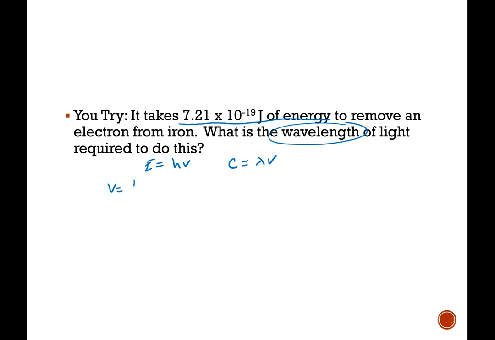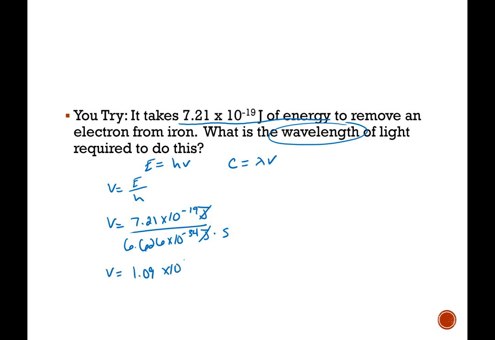So frequency is energy over Planck's constant. That's 7.21 times 10 to the negative 19 joules over Planck's constant, 6.626 times 10 to the negative 34 joules times seconds. So joules will cancel, and I will be left with a frequency of 1.09 times 10 to the 15 inverse seconds.